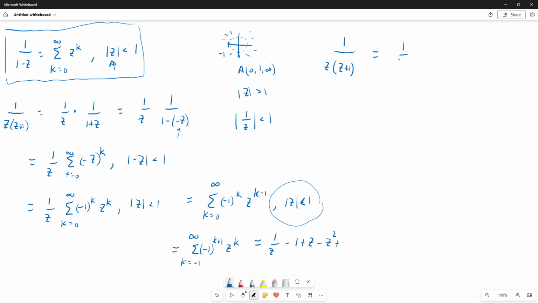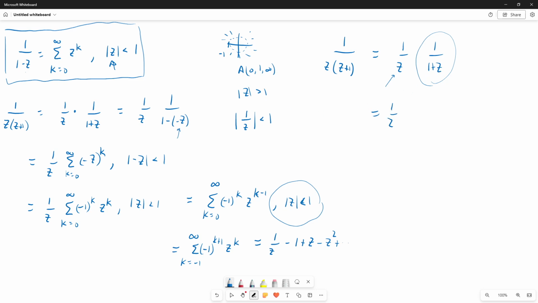So here's our function. It's 1 over z times 1 over 1 plus z. And this is the one here that we would like to transform into a Laurent series, because this one's already centered at 0. This one is centered at -1. So what we're going to do here, in order to use this formula with this variable, 1 over z, is we're going to factor out a z here.